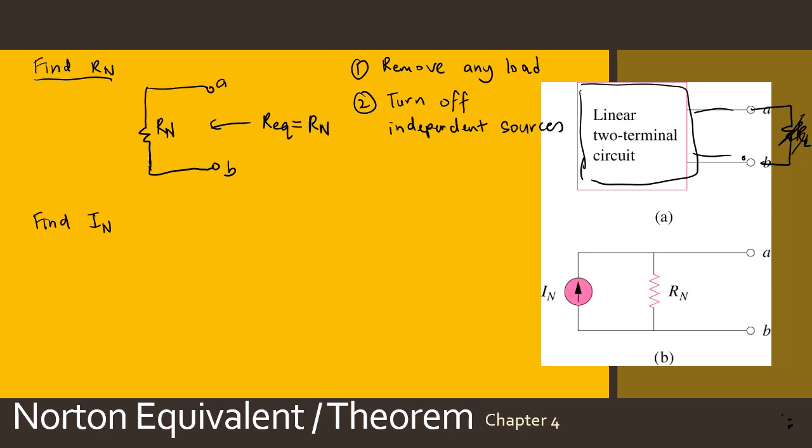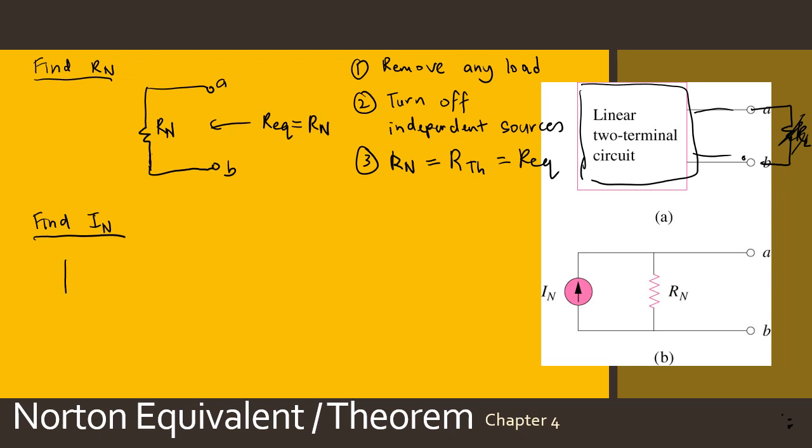And you will realize that this Rn, or the Norton resistance, is the same as the steps we have for R Thevenin, right? So R equivalent is basically equal to these two. Okay, so how to find the Norton current?